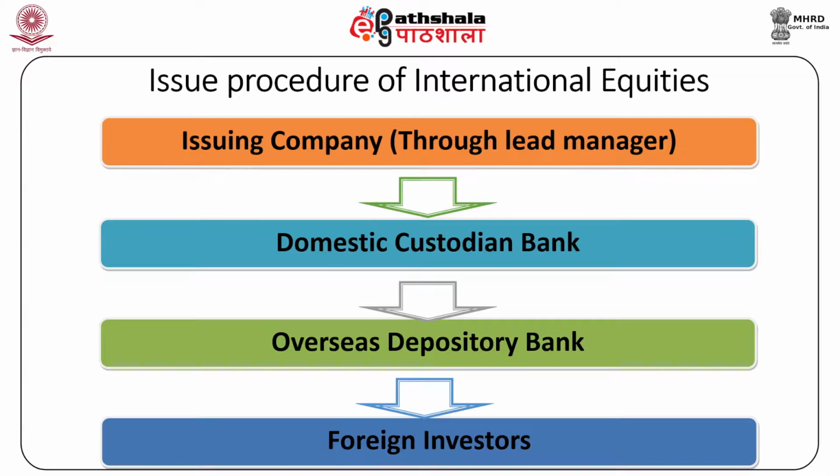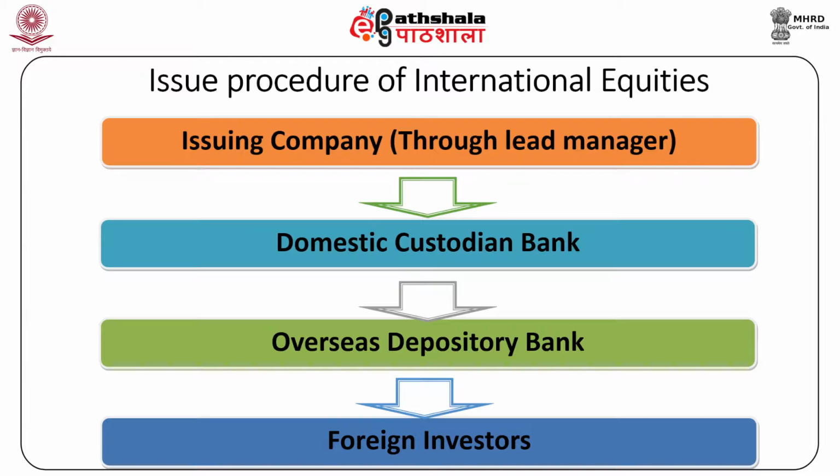After obtaining the approval, the issuing company deposits the shares to be issued with a custodian bank. The custodian bank is situated in the domestic country and is generally appointed by the depository in consultation with the issuing company. The domestic custodian bank requests the depository situated in a foreign country to issue the shares in the form of depository receipts.